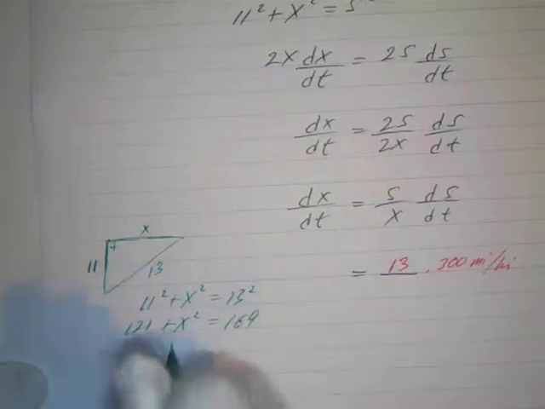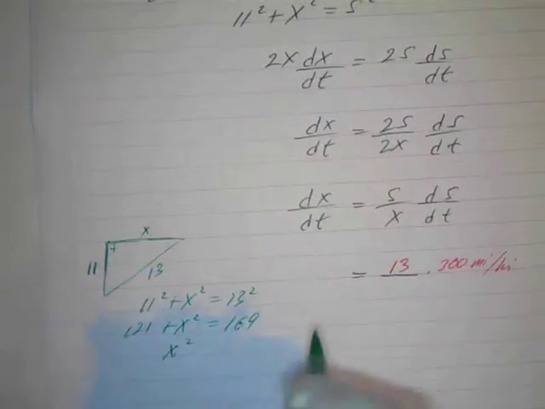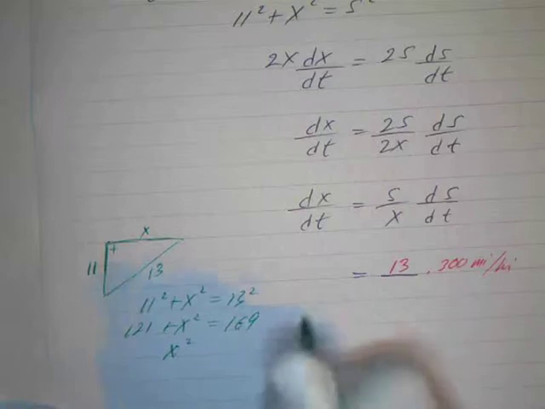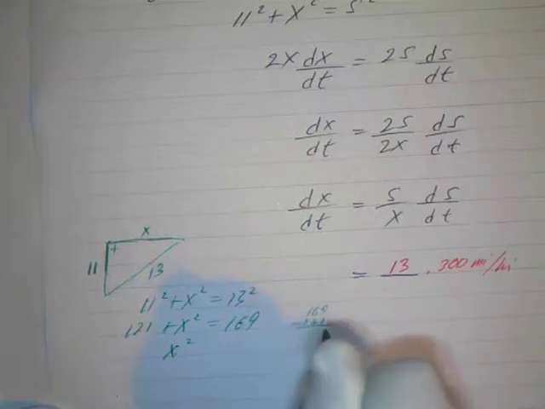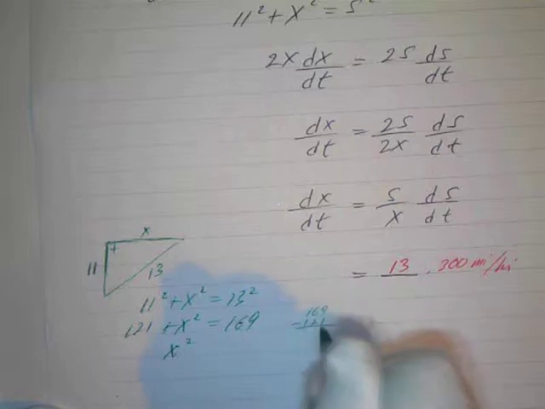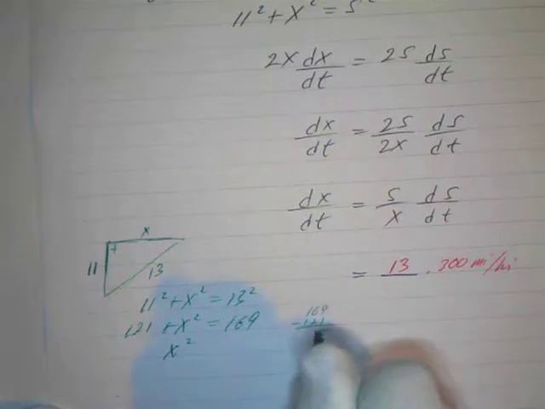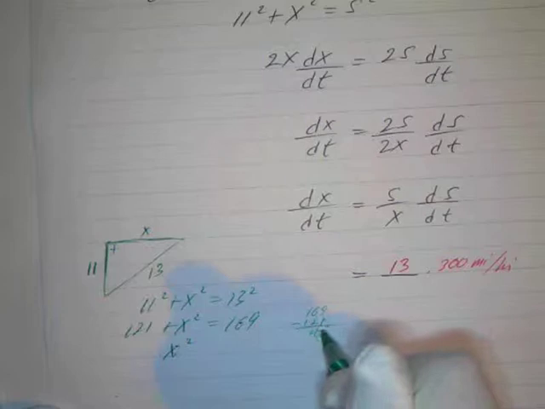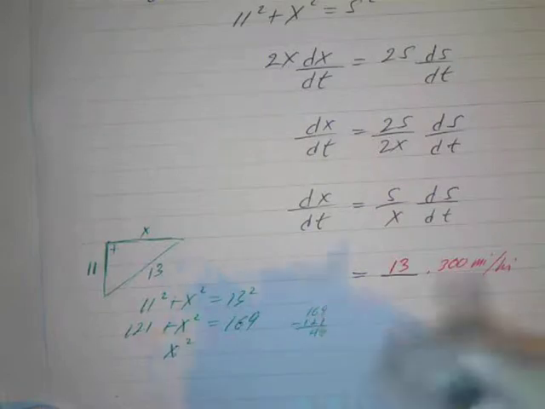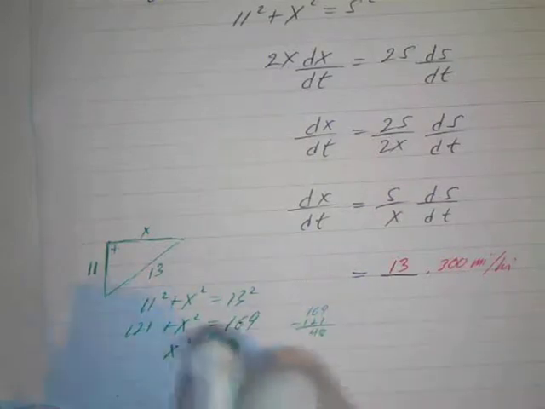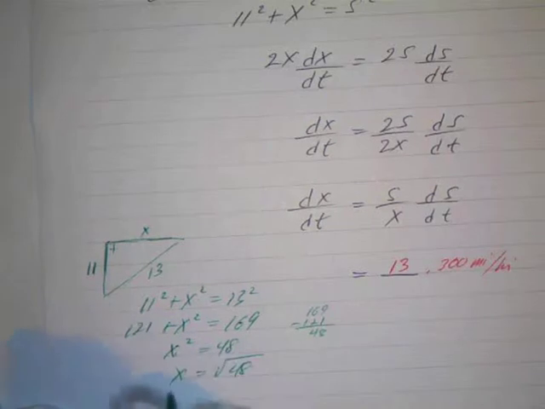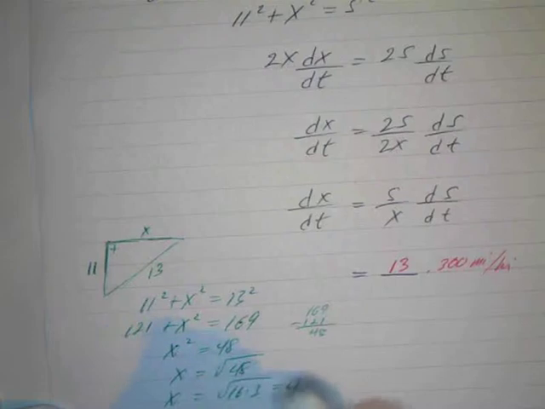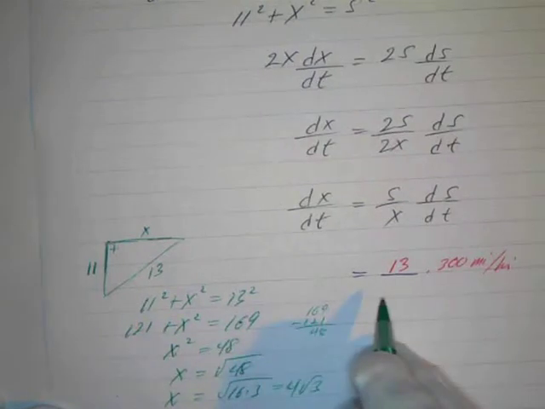If I subtract 121, x squared equals 48. Double check it, okay. So x equals the square root of 48, and that's the same thing as the square root of 16 times 3, which is 4 times the square root of 3. So that goes in here for x.